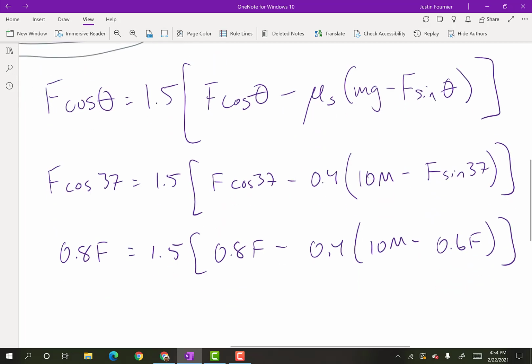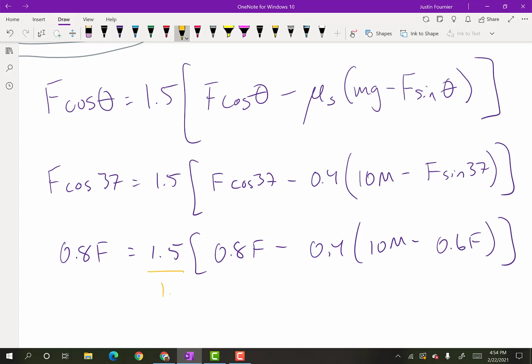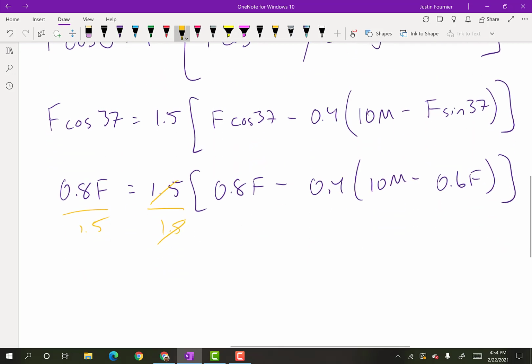There we go. Let's see. I'm going to divide both sides by 1.5 to isolate that. So this is going to be 0.8 divided by 1.5, 0.533.